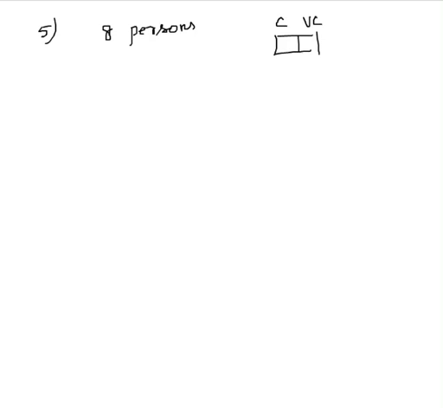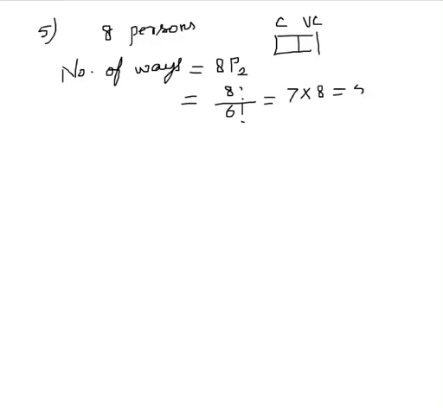So it is a permutation question. So the total number of ways will be 8P2, which is 8 factorial divided by 6 factorial. Cancel 6 factorial, 7 and 8. 7 8s are 56. So we have 56 ways of selecting a chairman and a vice chairman.